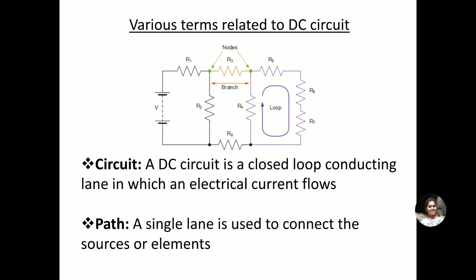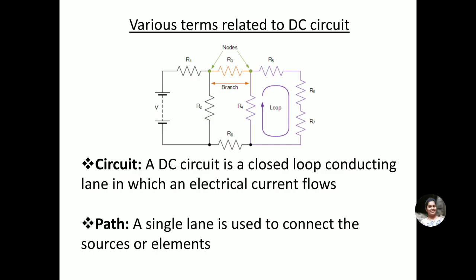Node is, in simple terms, a junction or connection point or terminal within a circuit where two or more circuit elements are connected or joined together, giving a connection point between two or more branches. In any circuit, nodes are indicated by a dot.